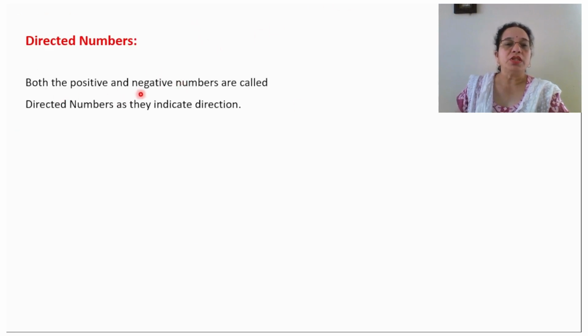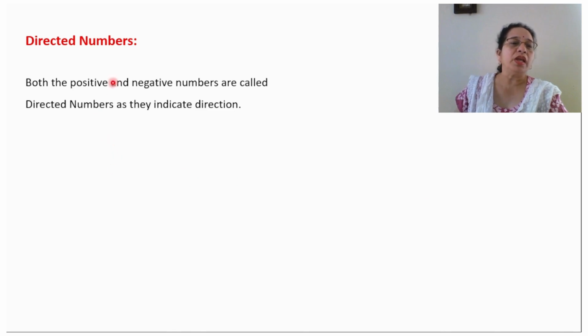Directed numbers. Both the positive and negative numbers are called directed numbers as they indicate directions. Just now a few examples we have done. Above the 0 means plus sign, below the 0 means negative sign. If you are taking this side plus, then east will be minus. So if you are taking one as positive, the other one will become negative.